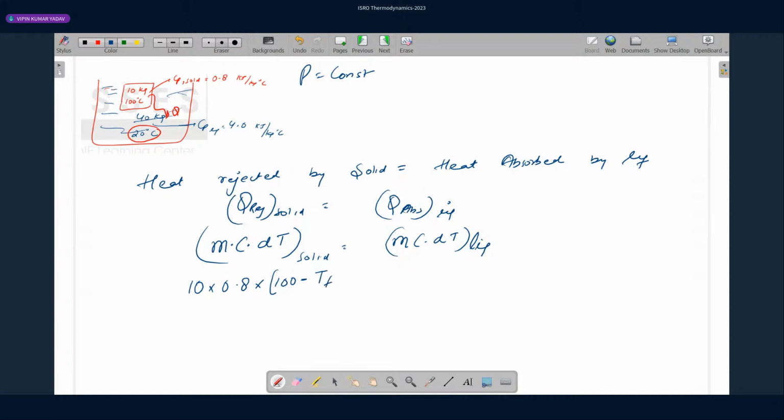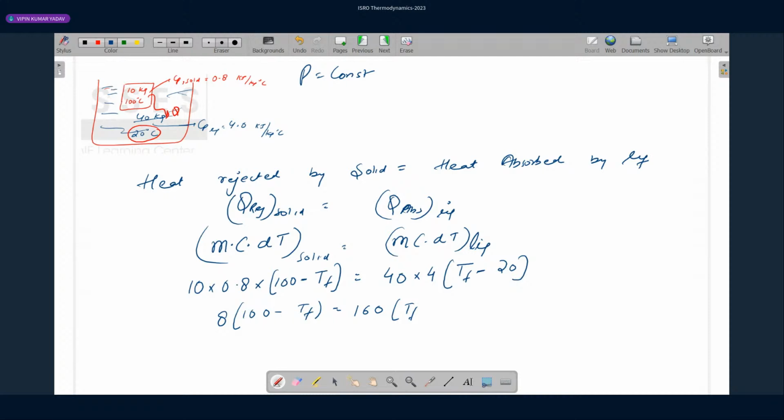This equals mass of liquid, 40, C is 4, final again I don't know, but initial is 20. If you solve this, you will get 800 minus 8 T_f equals 160 T_f minus 3200.